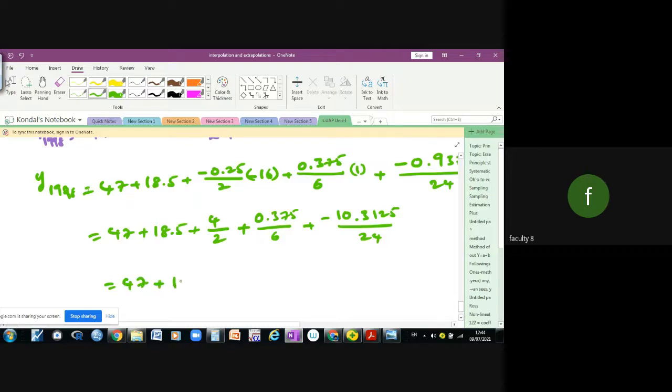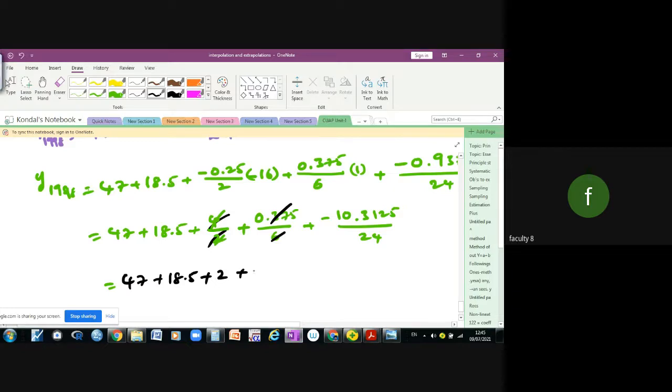So then you can cancel these values. 47 plus 18.5. If you cancel it, you will get 2. So here you need to cancel it. 0.375 divided by 6.